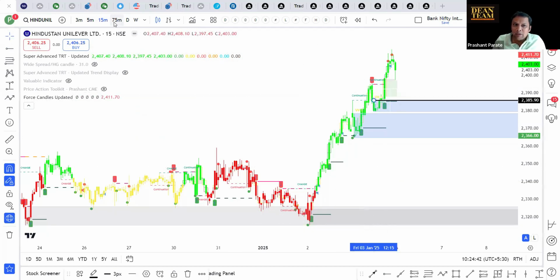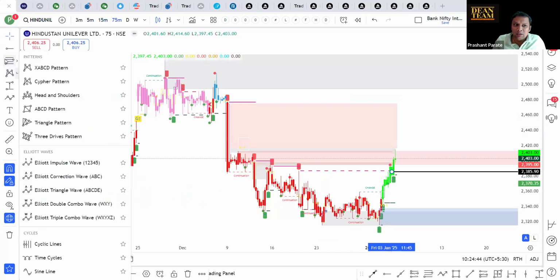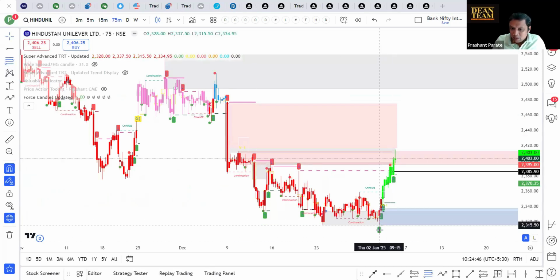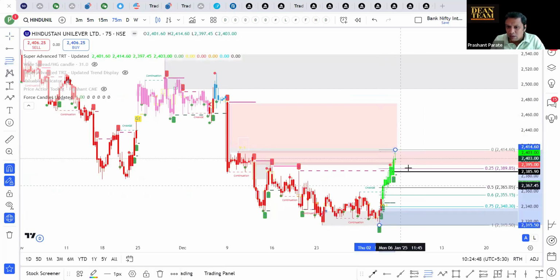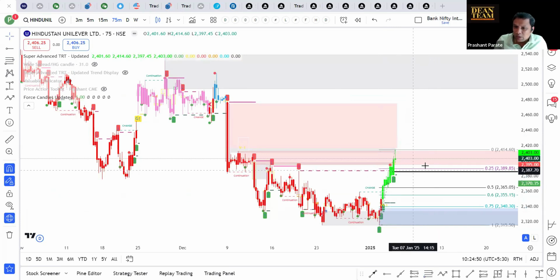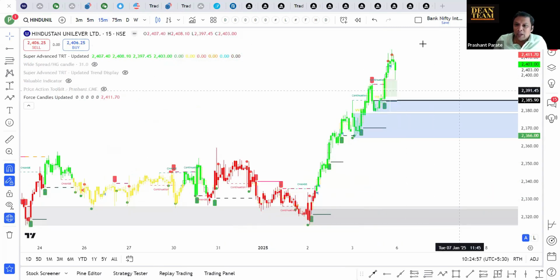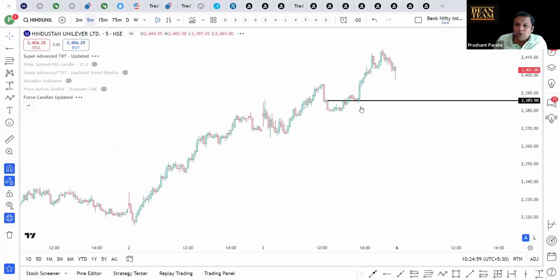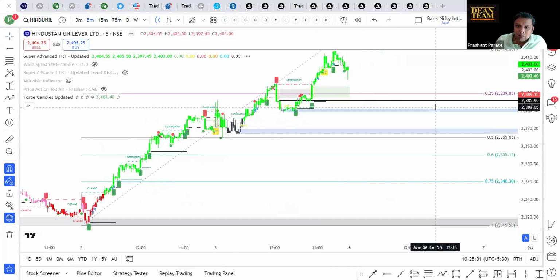What I expect is that the 75-minute time frame says this is the first time green, and it is in the more than 50% area. So I will not buy here. I want to buy here. So if it creates a 15-minute or 5-minute selling area, after that I can look to short. The 5-minute is up.